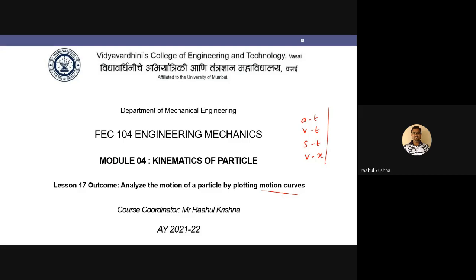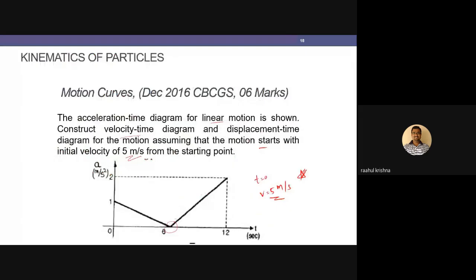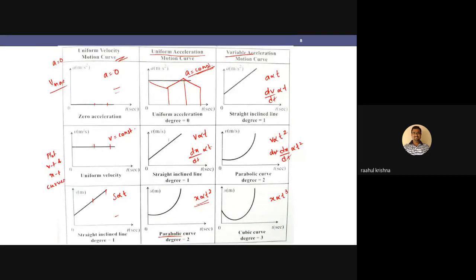In the previous session we had discussed three particular cases: uniform velocity, uniform acceleration, and variable acceleration. For a particle moving with uniform velocity, we saw how to plot the acceleration, the velocity, and the displacement graphically.